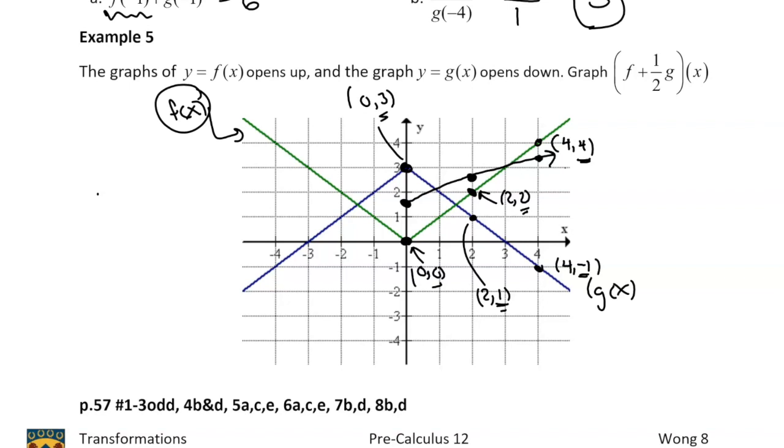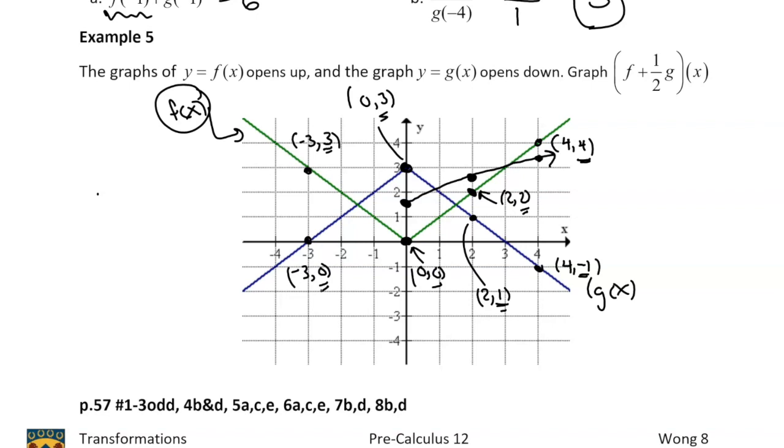Okay, so then I'm going to pick one more point over here just to see if it's consistent, and it will be. So this point here, when I'm at negative 3 for my x values, my f of x function has a y value of 3. My g of x has a y value of 0, and if I half that, it stays at 0.